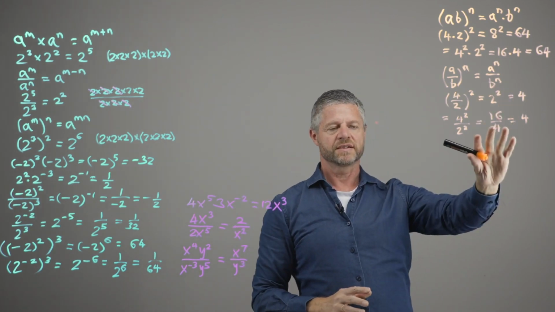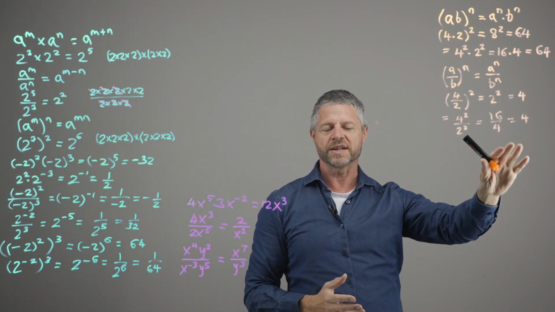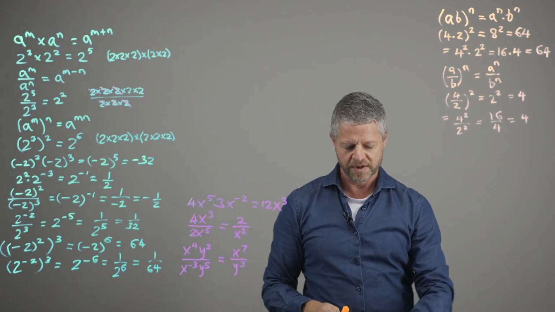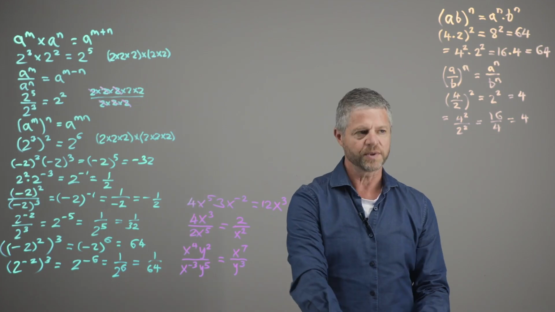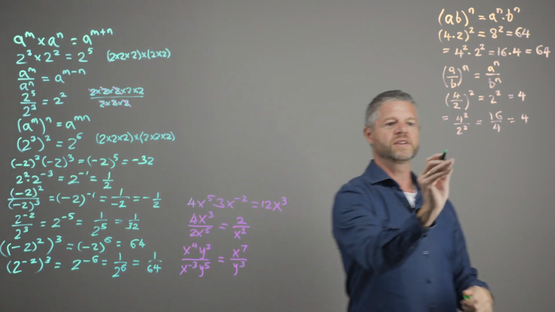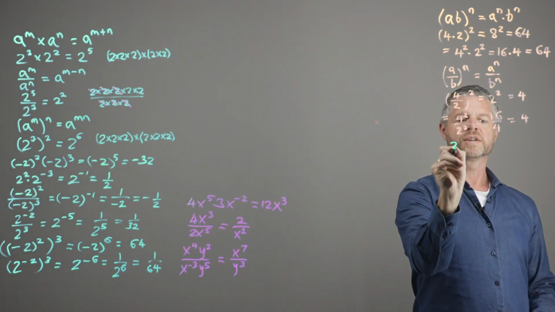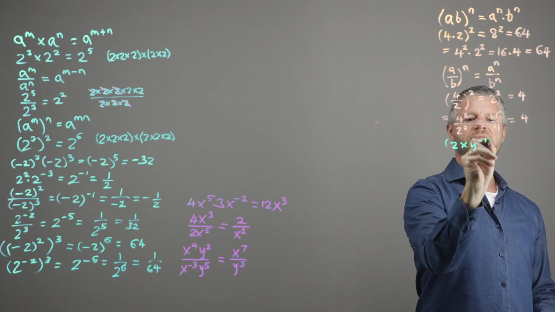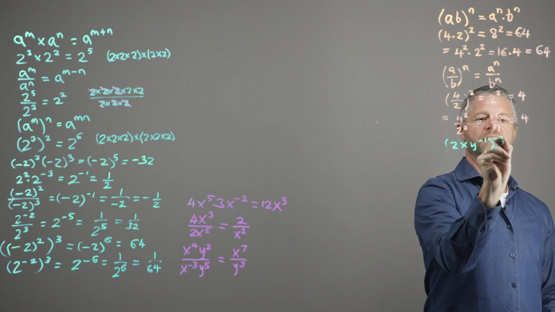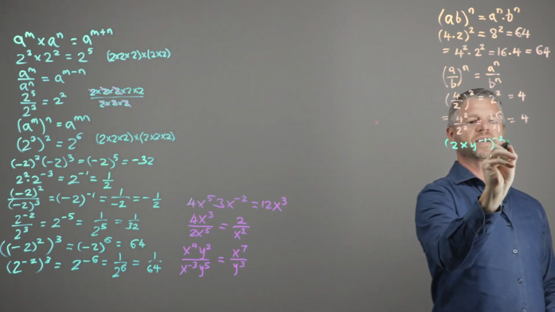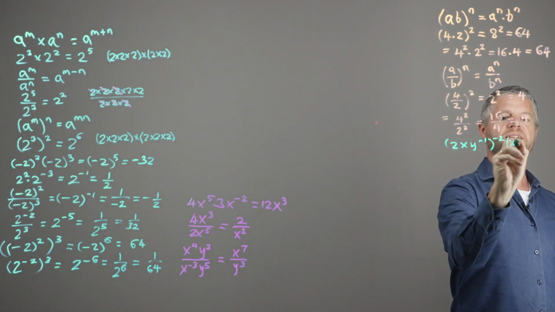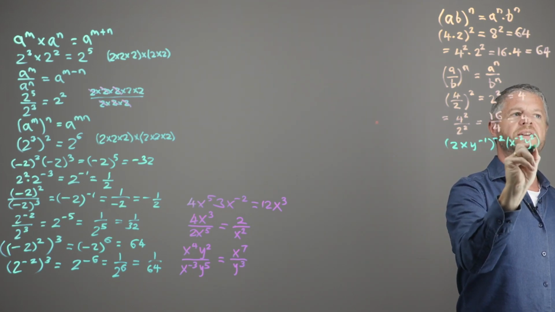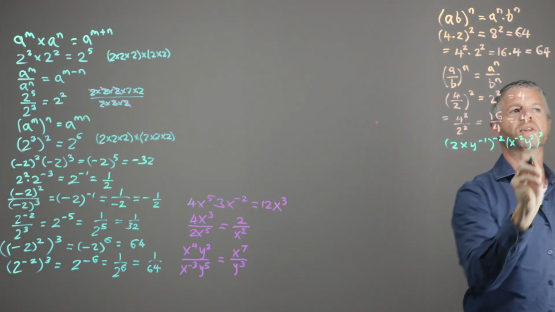And this idea here also applies when we have variables. I've just given number examples up to now, but let's do some examples with variables. So let's do 2x y to the minus 1 and the whole thing to the minus 2, and then let's have an x to the minus 2 and then a y squared, and let's cube all that.